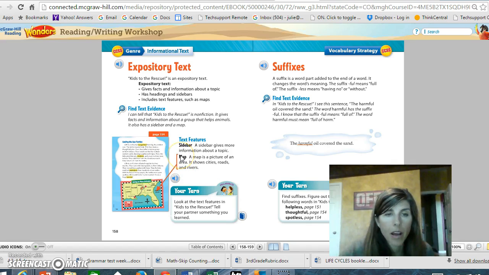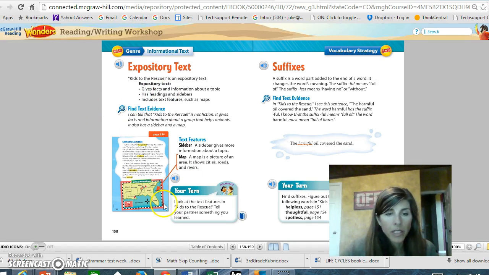It includes text features such as maps. Remember, a text feature can come in a graph or a map or pictures or words in bold print, just additional information from the already written text.